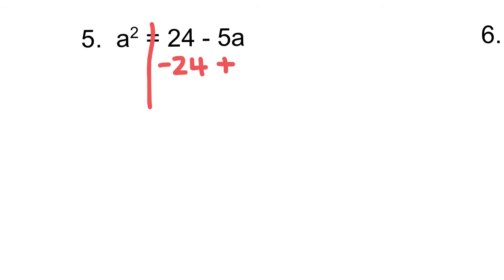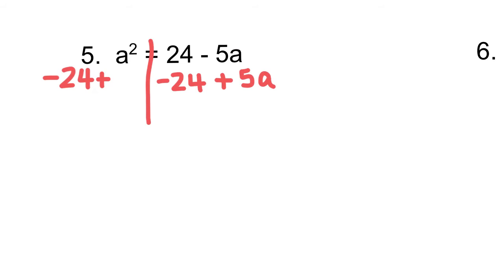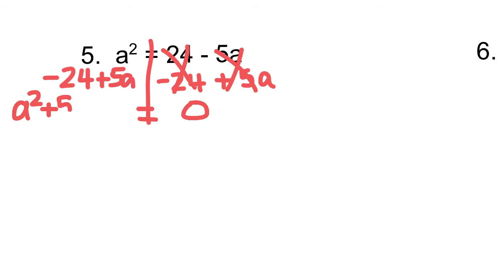We're going to subtract 24 and add 5a. Once you do this, these will cancel out and you'll be left with 0. And now we have something that we can factor. I'm going to rearrange it so that it's in standard form.